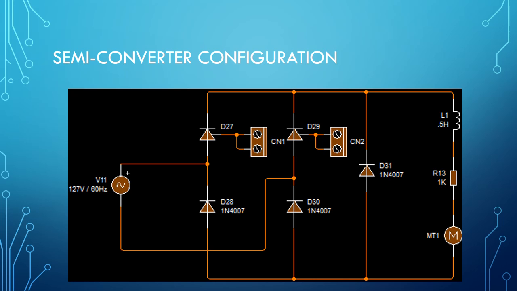We will fire the thyristors from our Arduino, which detects the zero crossing, and the program of the Arduino will help us to move this fire angle so we can control the speed of the DC motor.